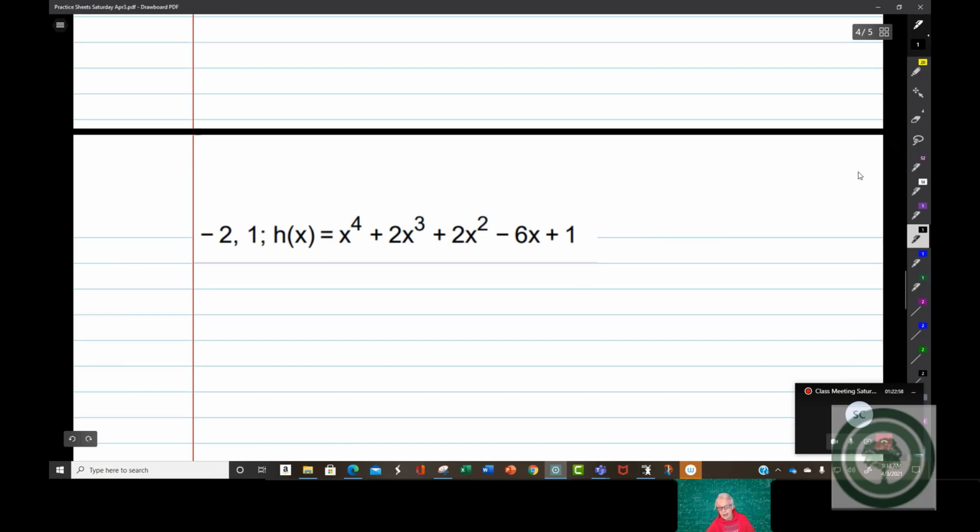Now I could do that. All right. The question is, are these numbers zeros of h of x?